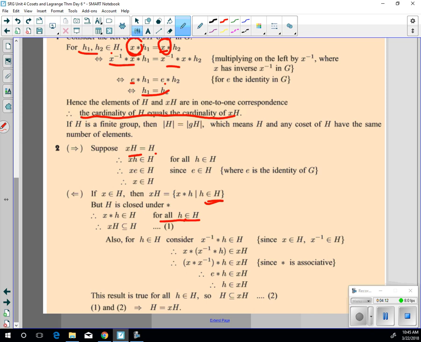Also, for h in H, you have to consider the inverse. The inverse of x star h will equal h because x is an element of H, and x inverse has to be an element of H because it is a group.